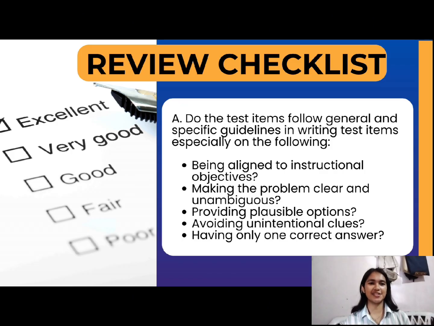These are the suggestions given by the test experts as basis for review checklists. First, do the items follow the specific general guidelines in writing items, specifically on being aligned to instructional objectives, making the problem clear and unambiguous, providing plausible options, avoiding unintentional clues, and having only one correct answer.